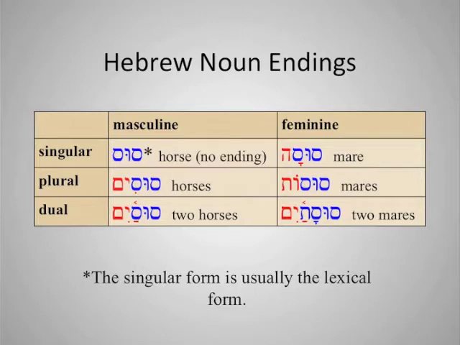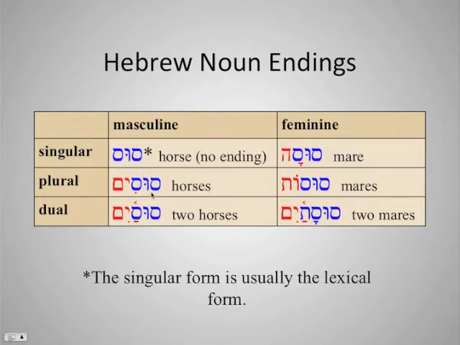Then let's look at masculine plural. Masculine plural nouns, again, this is the ending for a noun that's masculine, but it also happens to be plural. The ending for masculine plural nouns is a hirik yod vowel plus a final mem. Sus im is what we get. The ending hirik yod mem sounds like im. That's its pronunciation.